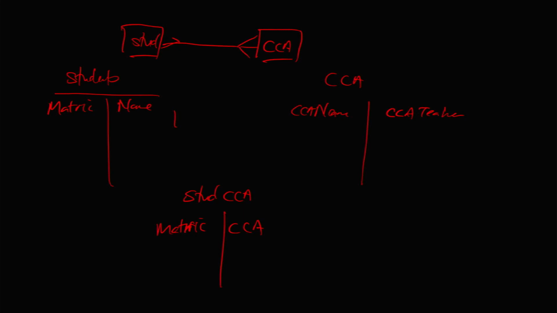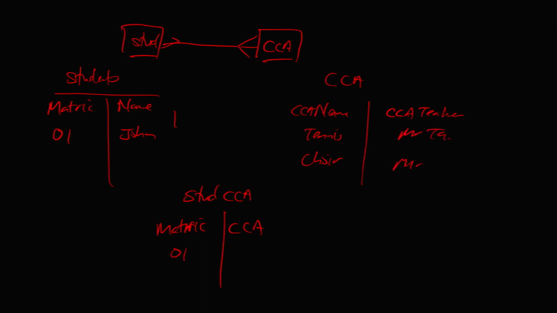So for example, let's say student A has two CCAs. Student A with matrix number 01, his name is, let's just call it John, and he has two CCAs. Maybe we should write the CCA first. So CCA, let's say we have tennis, and then we have choir. This teacher is Mr. Tan.